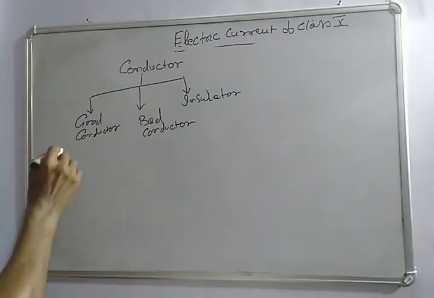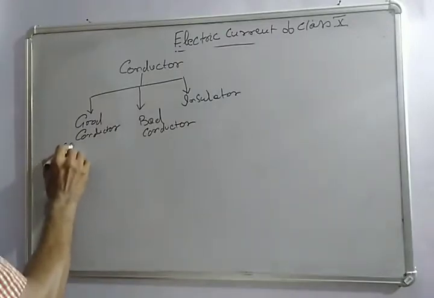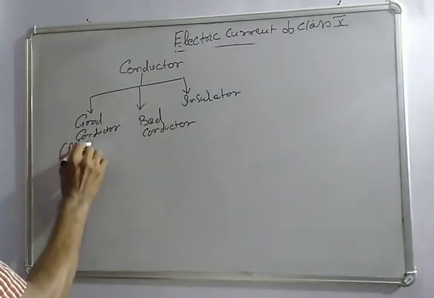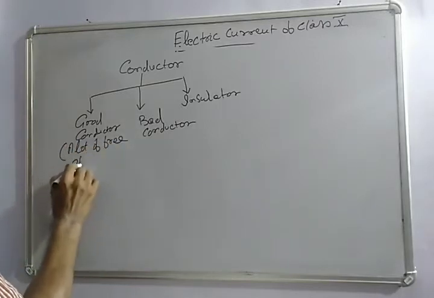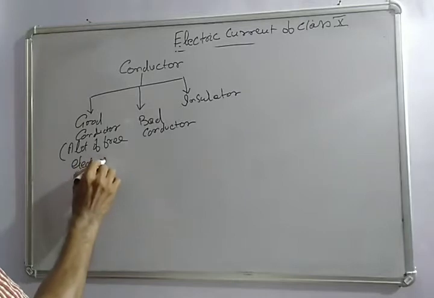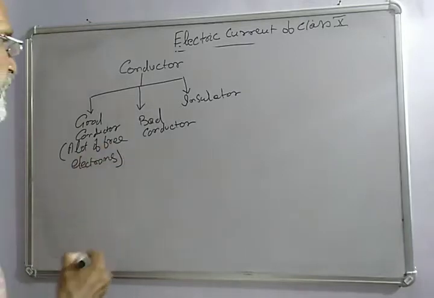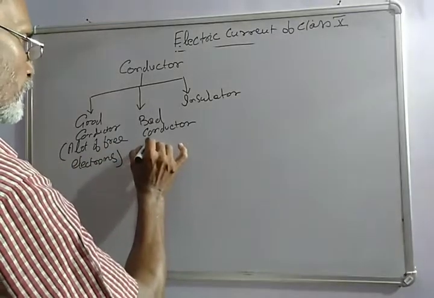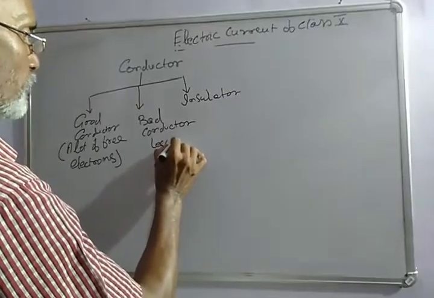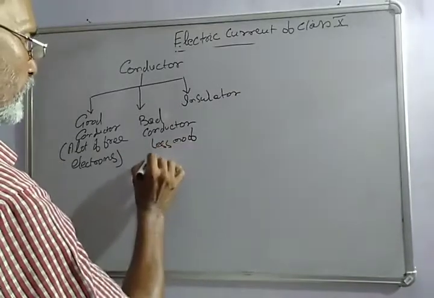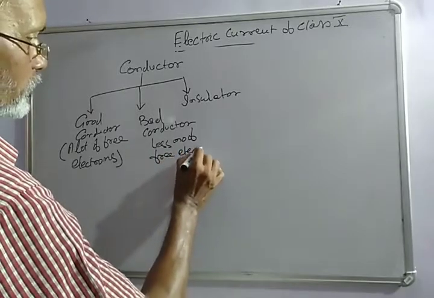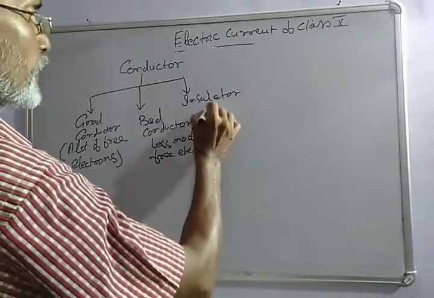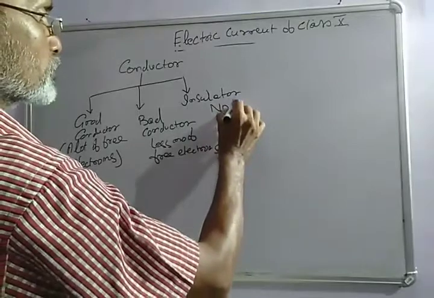Good conductors have a lot of free electrons. Bad conductors have fewer free electrons. Insulators have no free electrons.